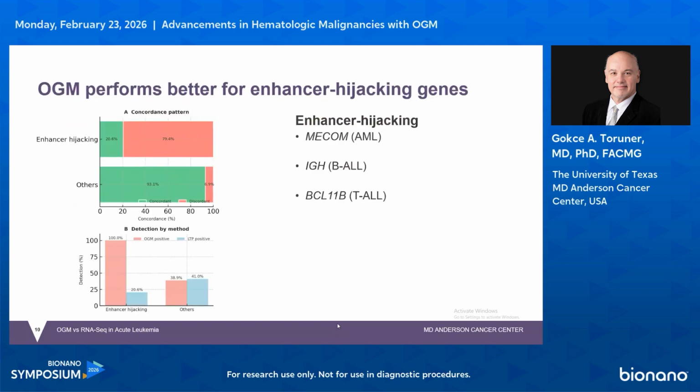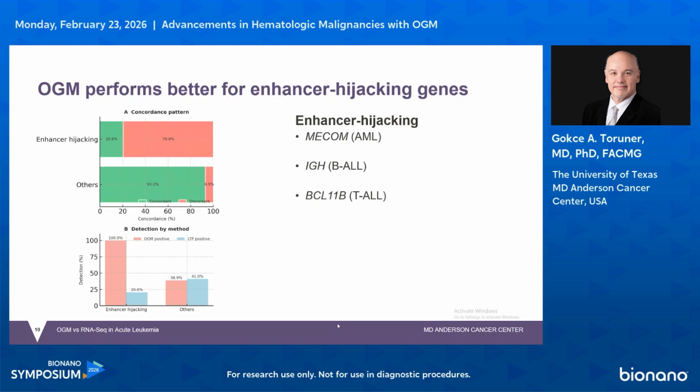When we look at the genes that are involved in enhancer hijacking, the concordance rate differs significantly. Only 20% of the genes are concordant between OGM and Archer-based next-generation RNA-based sequencing. And these are always the OGM positive cases.